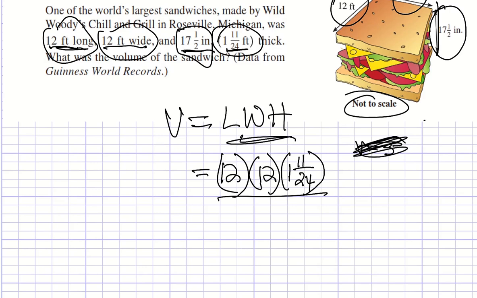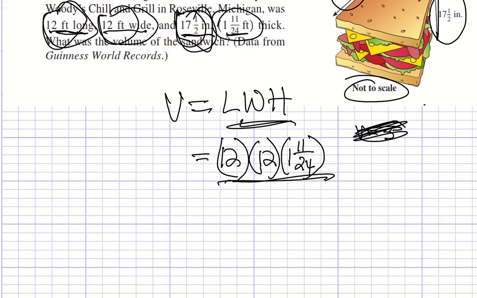To multiply with 17.5 inches, you would have to change 12 feet to inches, and then 12 feet to inches. So this is the best thing. We can work with that. I hope you see. You don't want to mix units. If you mix units, then you come up with the wrong answer. So you gotta always try to use the same unit. That's all I'm saying there.